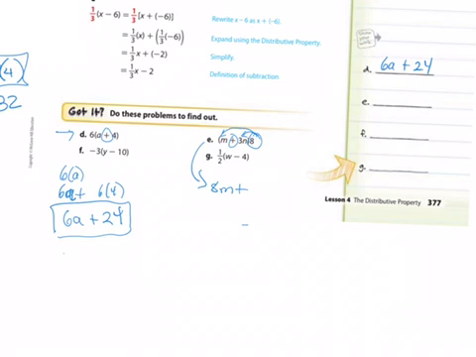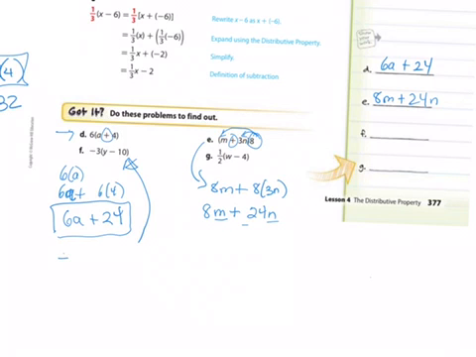And then we have 8 times 3N, which would be 24N. And again, we're finished because M and N are not the same variable, so we cannot add those together. So we would just write 8M plus 24N.